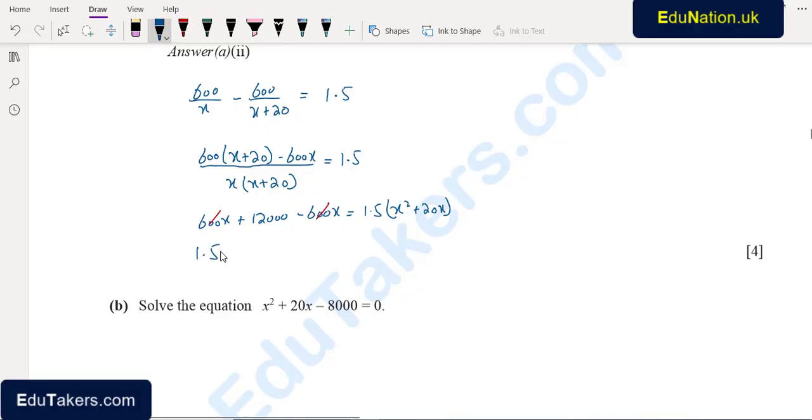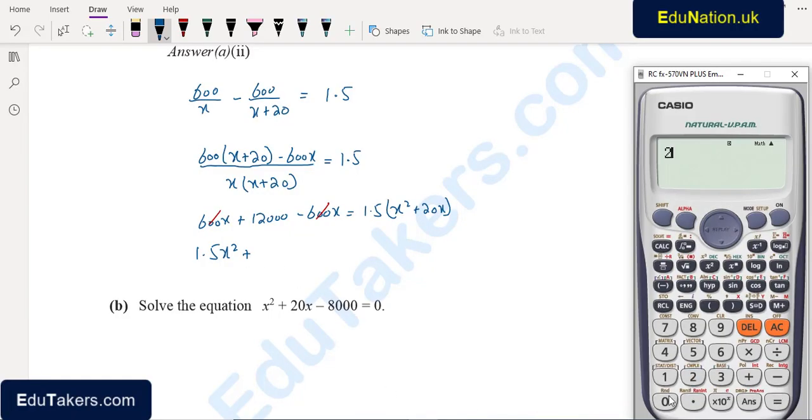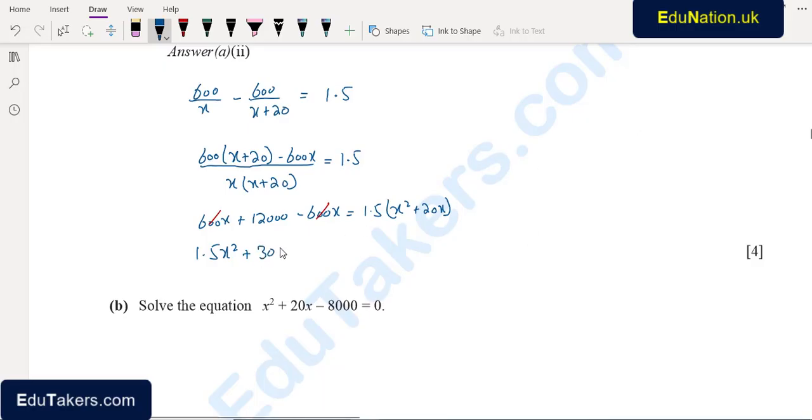So 1.5 x square plus 20 times 1.5 is 30, 30x and minus 12,000 is equal to 0.